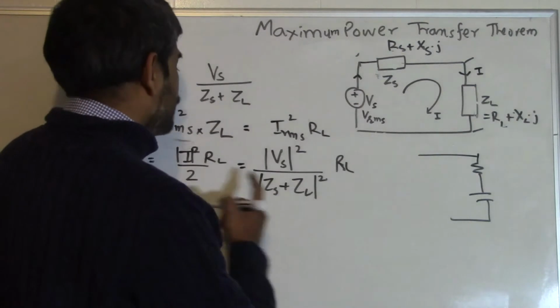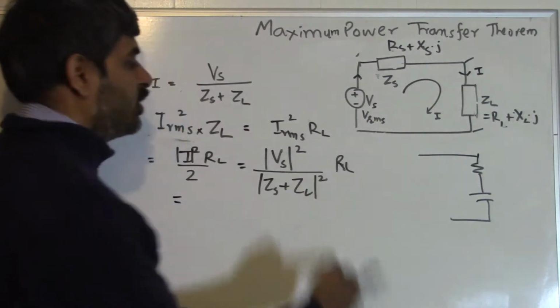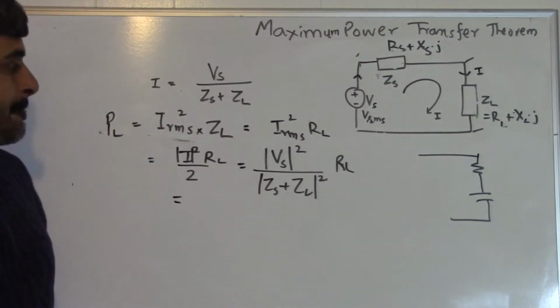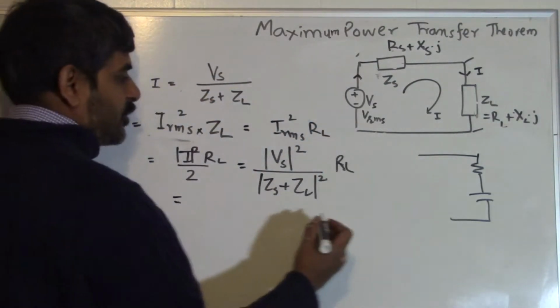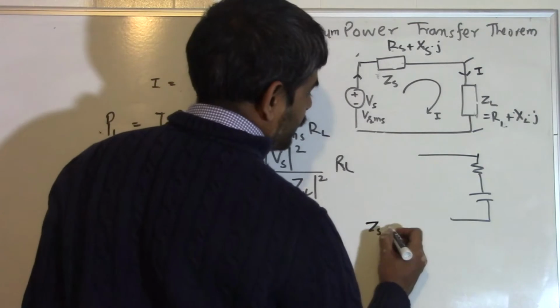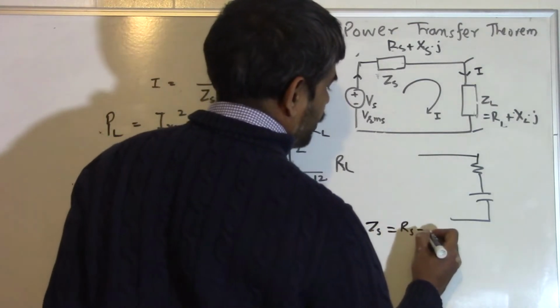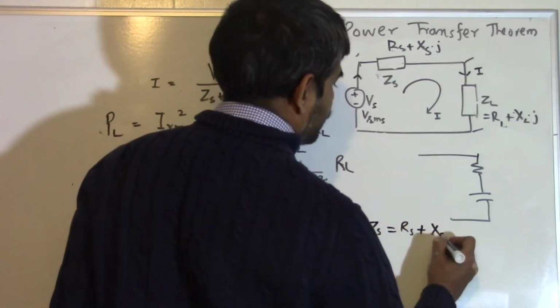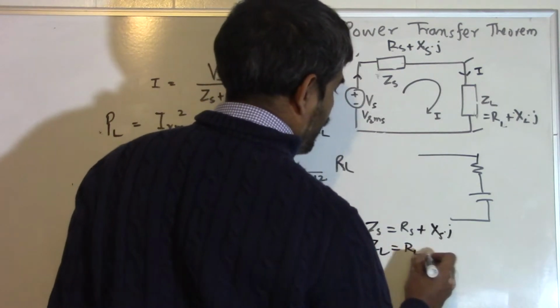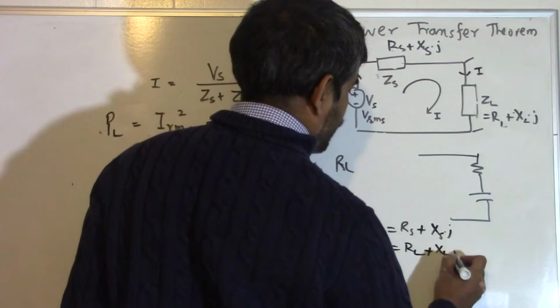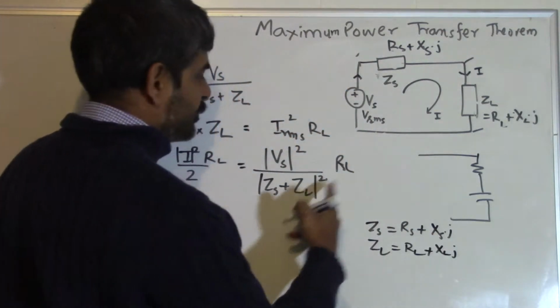Now |Zs + Zl|² is nothing but, if you want, you can apply the formula here. For example, Zs is equal to Rs + Xs·j, and ZL is equal to RL + XL·j.